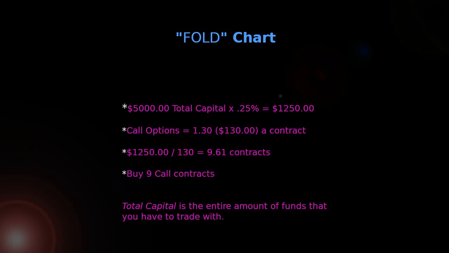If the option contract's value is $1.30, or $130, then we would divide 1,250 by 130 to determine how many contracts we could buy at one time. 1,250 divided by 130 is 9.61, so we would be able to buy 9 contracts.